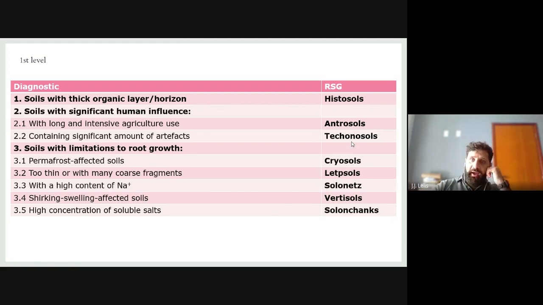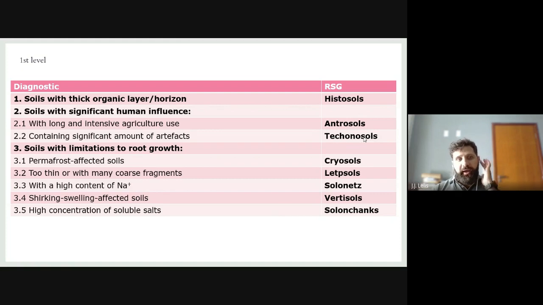Okay, so we have these two options, anthrosols and technosols, that express a huge human influence in the soil formation. But they are different because the anthrosols are related to ancient human communities, and the technosols are related to modern areas, the modern regions, the modern soils. Okay.